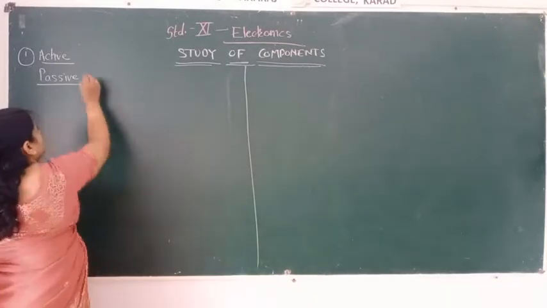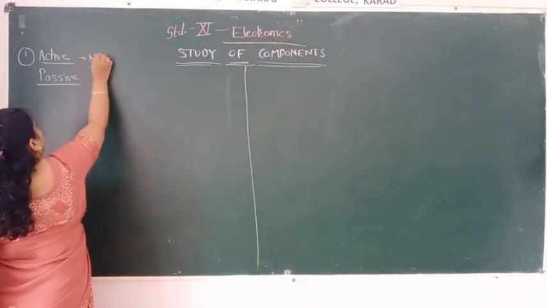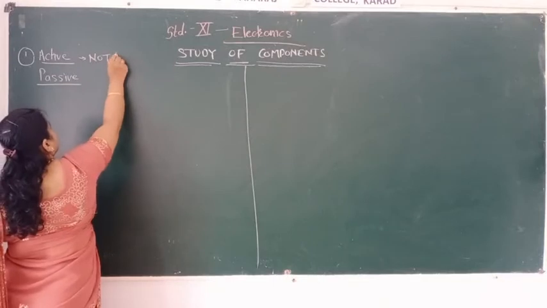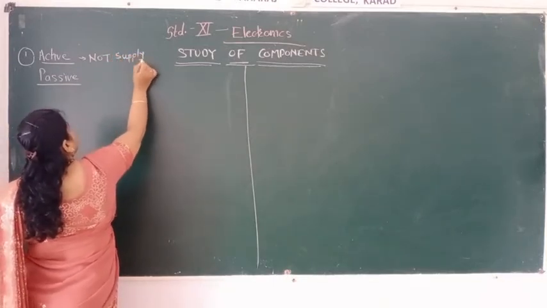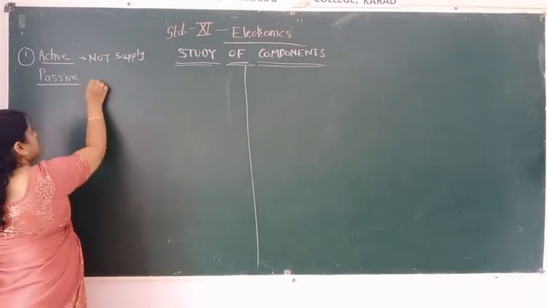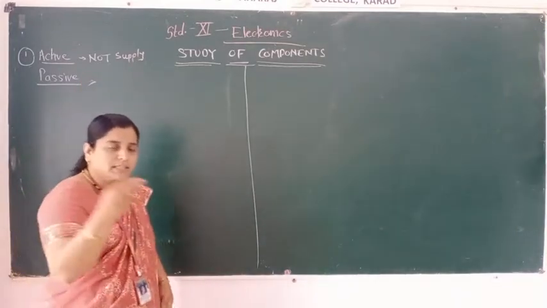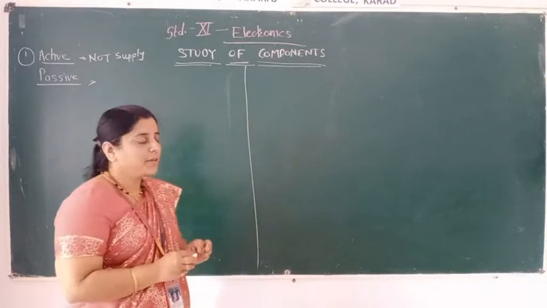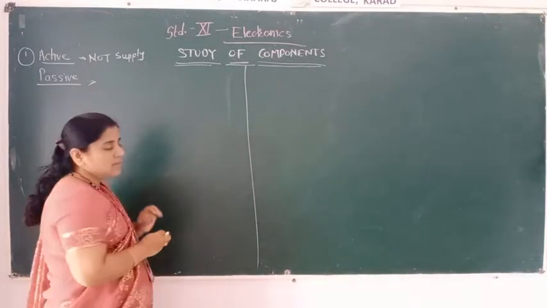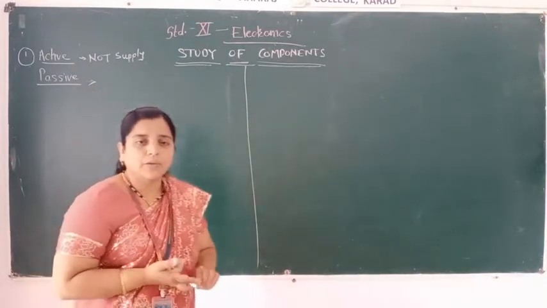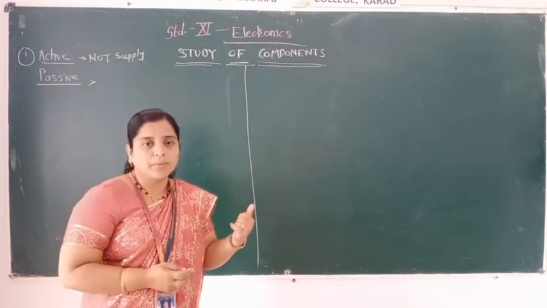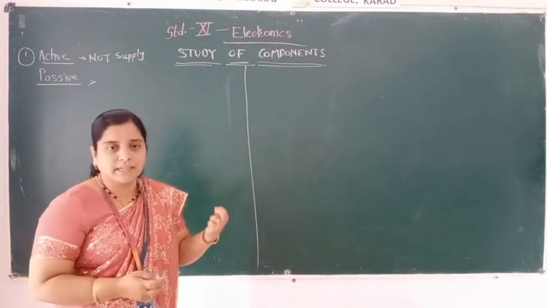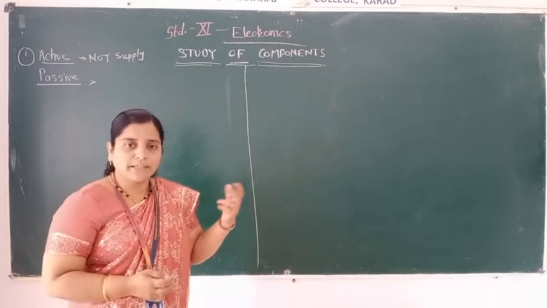Active components do not require an external supply. In passive components, you have to give an external supply to generate. Active components are also called self-generating components because they generate by themselves. They do not require external power.